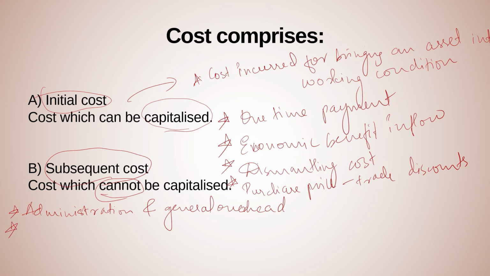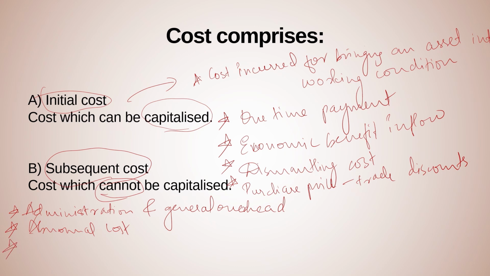Then the second one is abnormal cost. Abnormal cost includes costs like repairs, then wastage, if fire happens, and so on. These are examples of abnormal cost. So these will be included in subsequent costs, which cannot be capitalized.